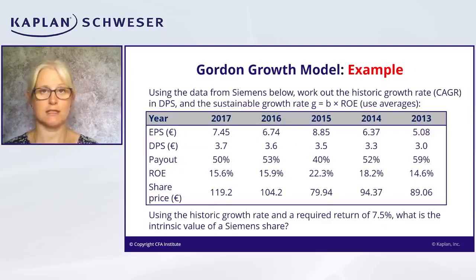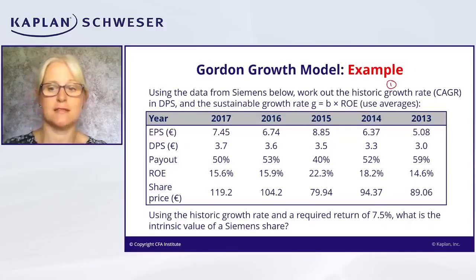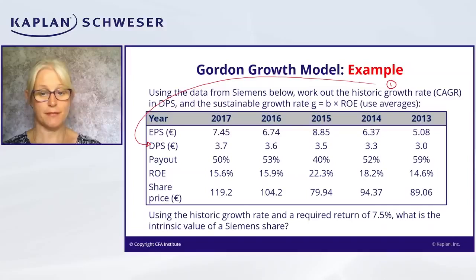Now there's two approaches to this. One is to just look at what we have experienced in terms of the growth in dividend. So you look at the dividend per share and you say, how much has that grown from 2013 to 2017?